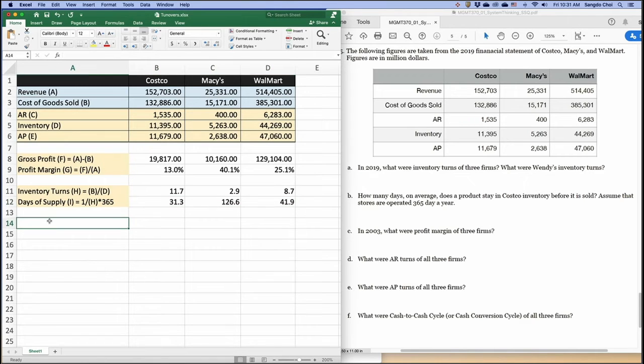And next, we can compute AR turns. AR turns is the sales-side activity ratio. I give label J. This is revenue divided by AR. We talked about this formula in class, so I do not explain it again.